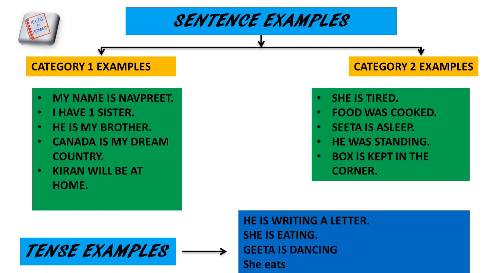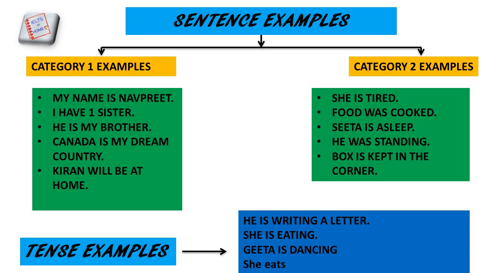Now you can see sentence examples on your screen about category 1 and category 2. And also tense examples. You can see here the tense examples: he is writing a letter, she is eating, Geeta is dancing. In all these examples, there is an action that is performed by the subject. Here the subject is he, she, Geeta.